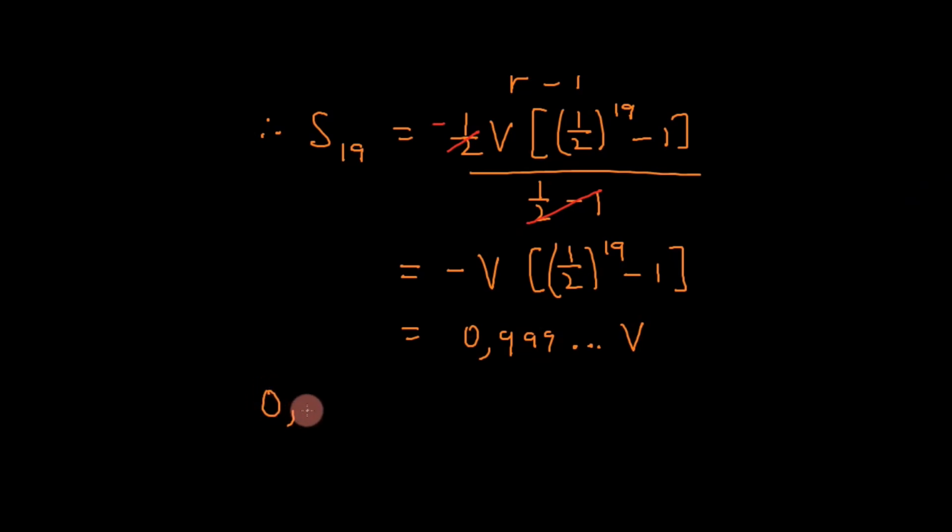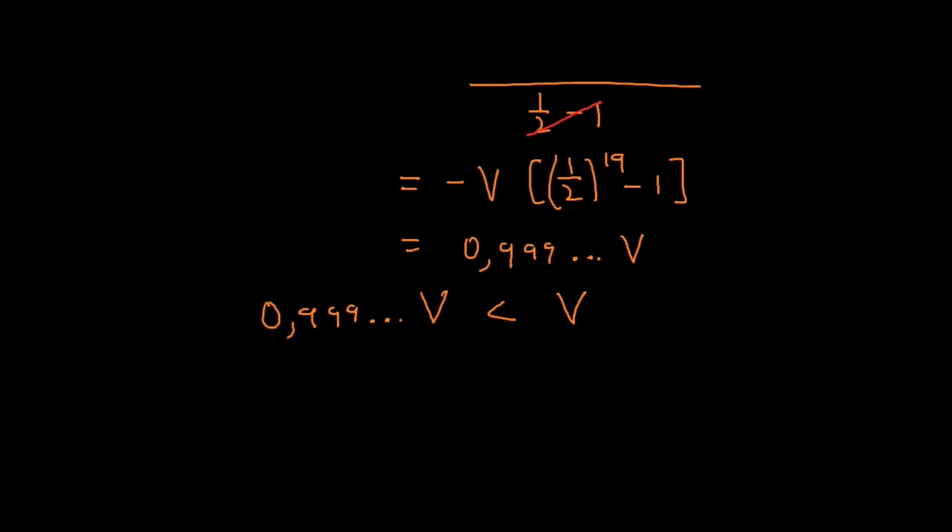So 0.999 V is less than V. It's a fraction of V. And this is the volume of the remaining 19 tanks, while this is the volume of the first tank. So we can see that the total volume of the remaining 19 tanks is less than the volume of the first tank.